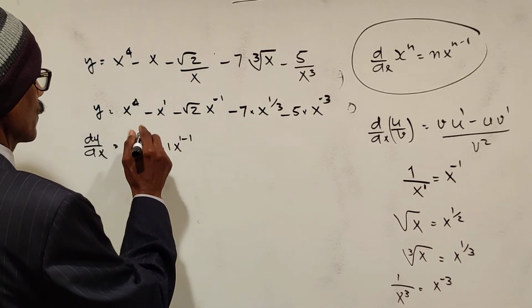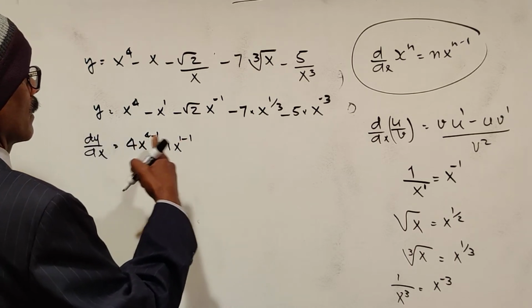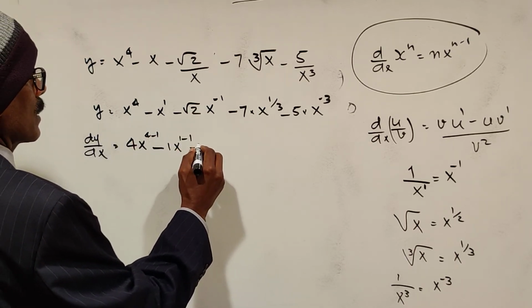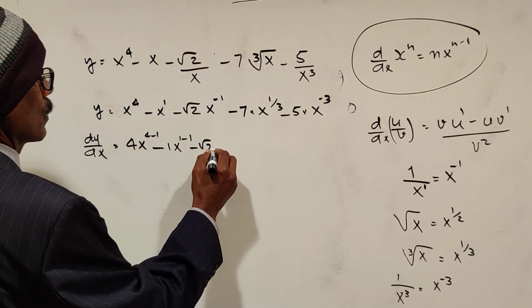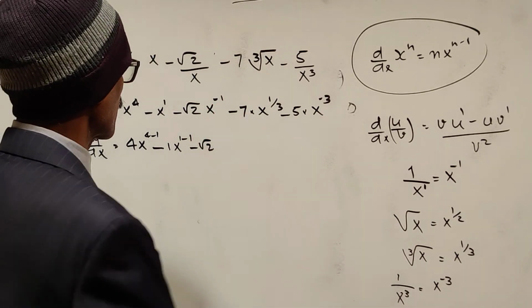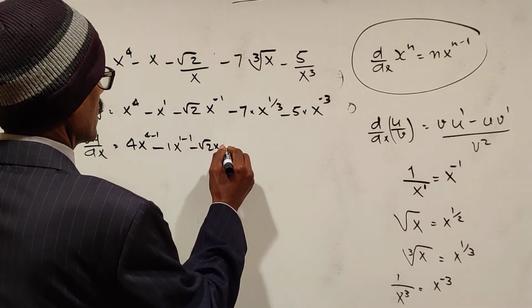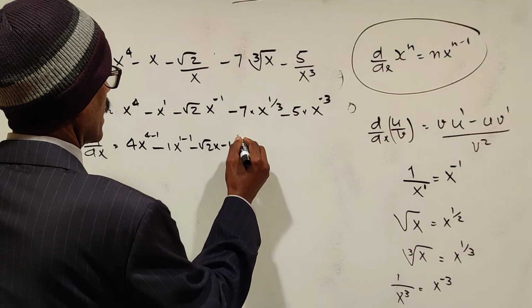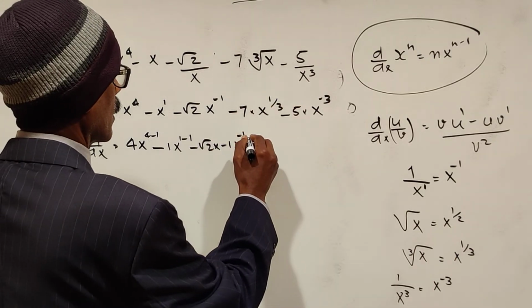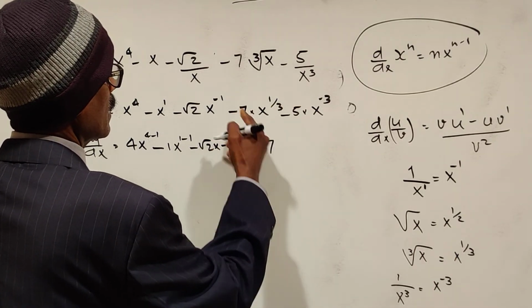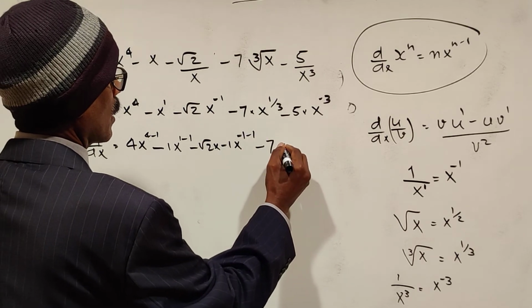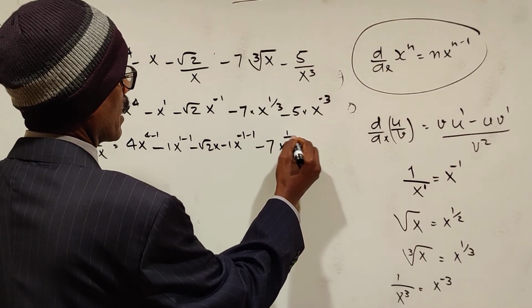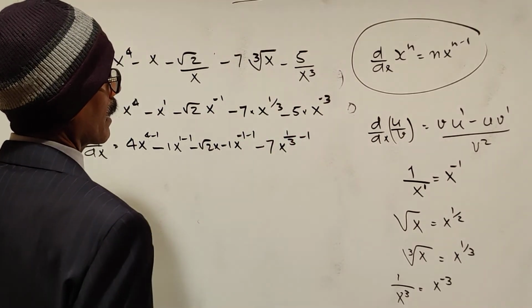I am going to write this one is 4 minus 1, 3. Okay, then minus root 2 into x to the power negative 1 times negative 1, x to the power negative 1, minus 7 into x to the power 1 by 3 minus 1, right?